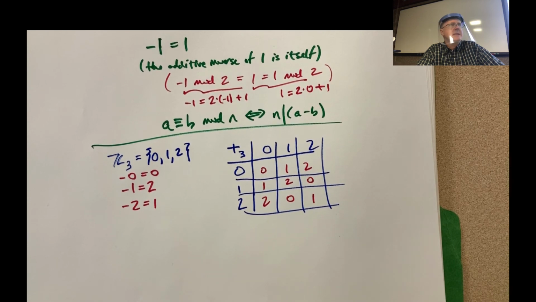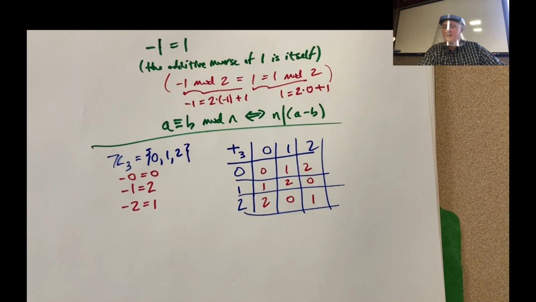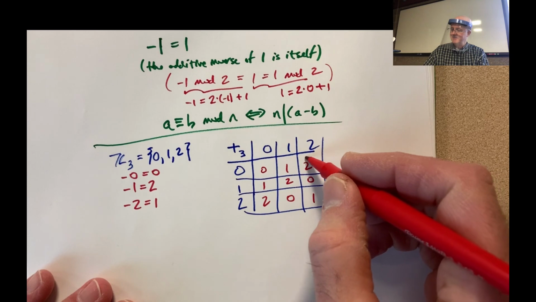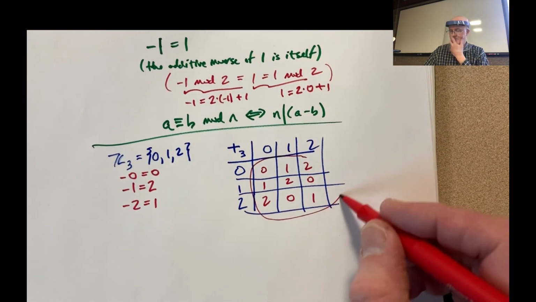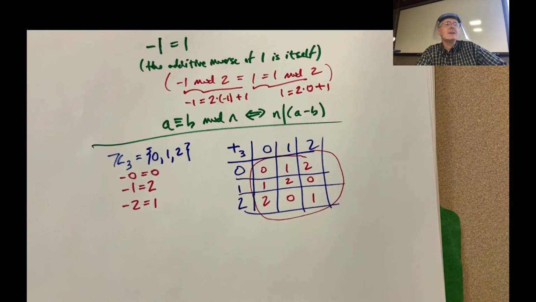Notice that these Zn groups are abelian. 1 plus 2 does equal 2 plus 1, no matter what you're modding by. In this case, those are equal to 0 mod 3. You can think of this part down here as being a matrix if you like.